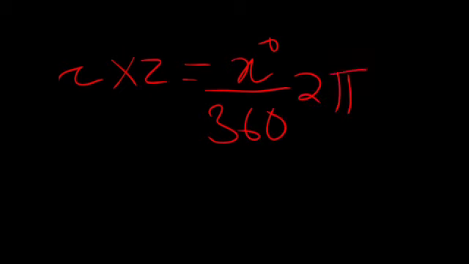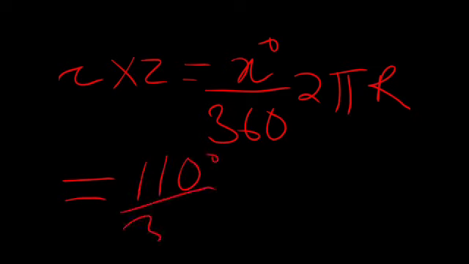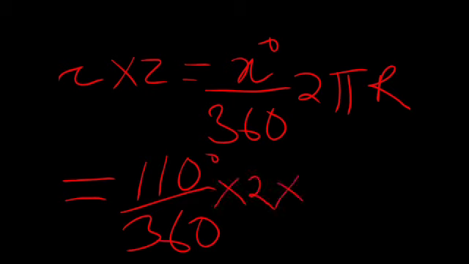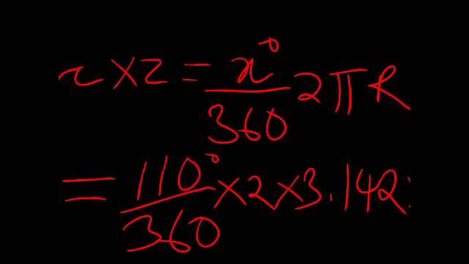We have found the angle as 110 degrees. So 110 degrees over 360 times 2 times pi, given as 3.142, times the radius of the earth, given in nautical miles, which is 3,437.